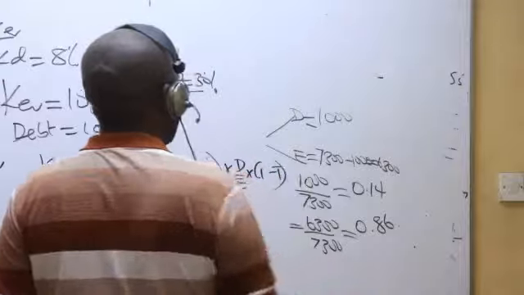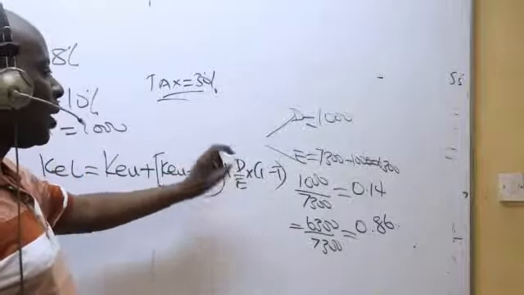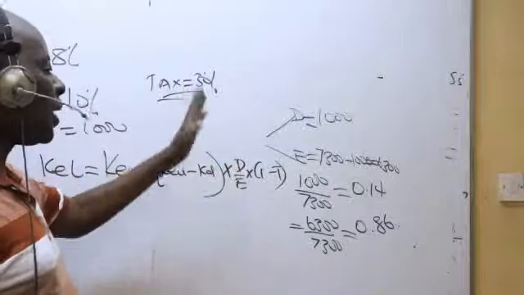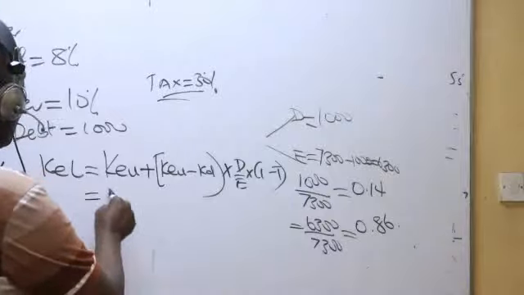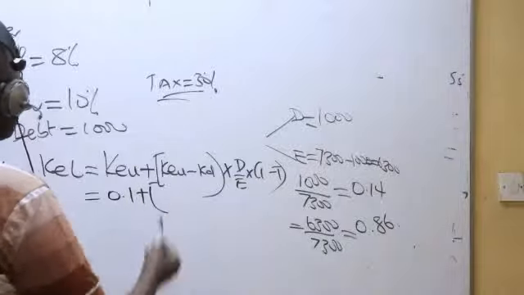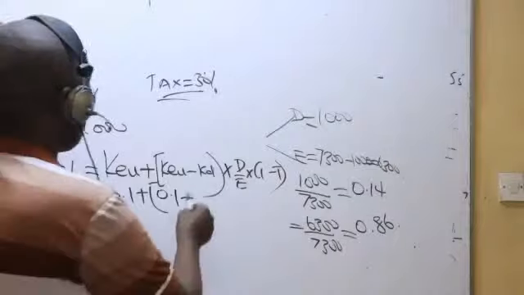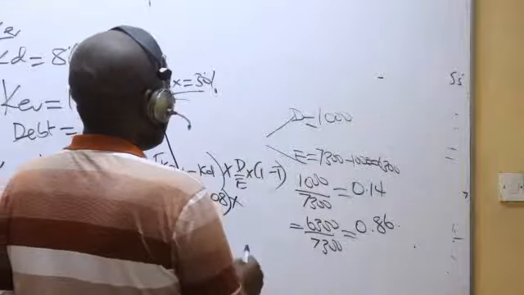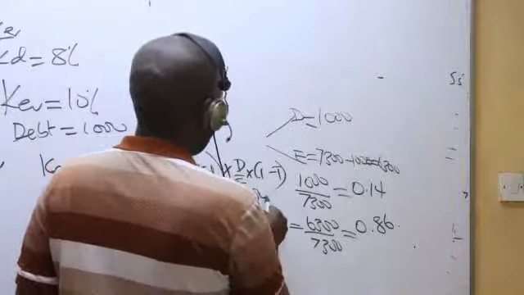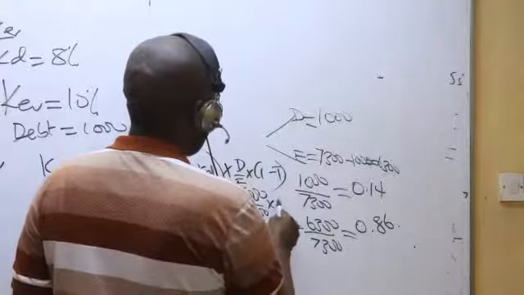And by the way, in your exam, at times the examiner may not give you the values here. If you're not given values, it's okay to use WD and WE. It's okay to work with weights. You'll get the same answers. So KU in this question is 0.1 plus KU 0.1 minus KD, KD is given as 0.08, times debt, debt is 1,000 all over equity, 6,300, times 0.7.